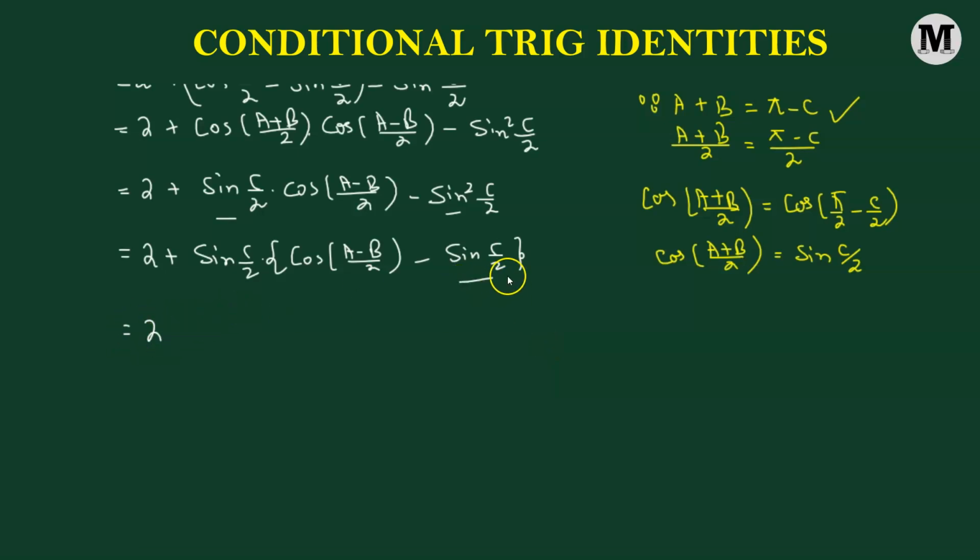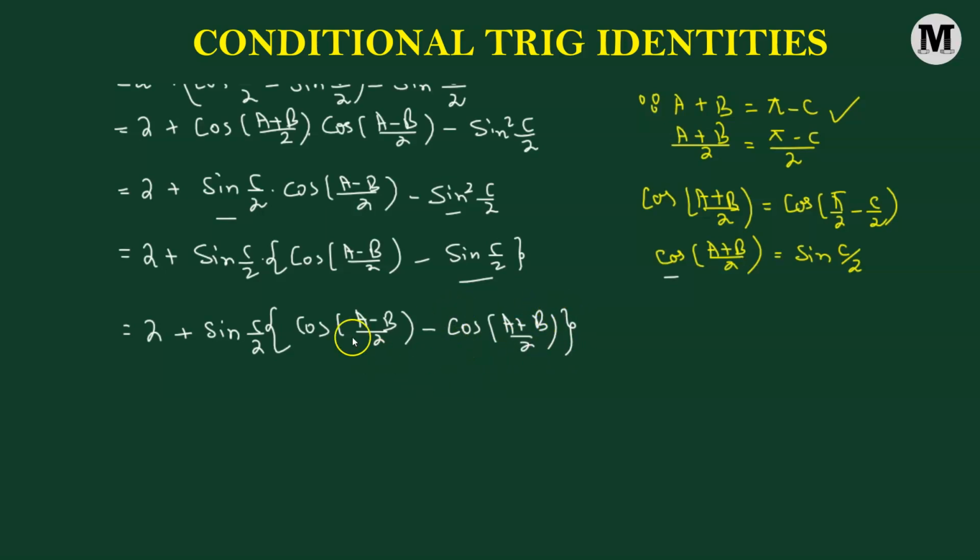Now we rewrite the expression. We have sine C over 2 as the second term within the parentheses. We will transform it back to the cosine function such that we can have the difference of two cosine functions, and that becomes easier to compute. So we have 2 plus sine C over 2 multiplied by cosine of A minus B over 2. Now in place of sine C over 2, we replace with cosine of A plus B over 2.